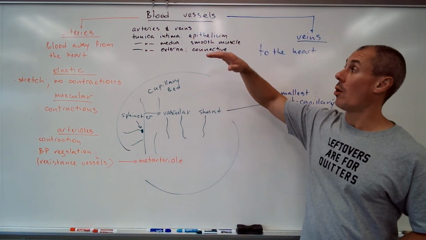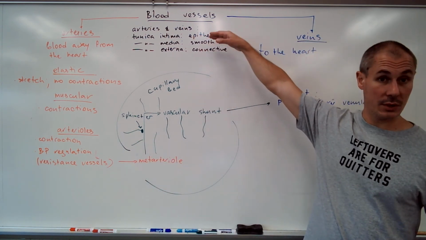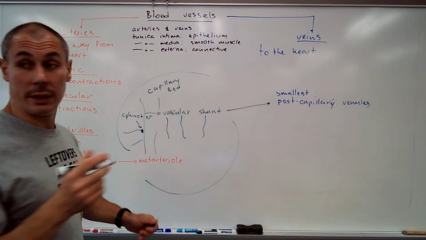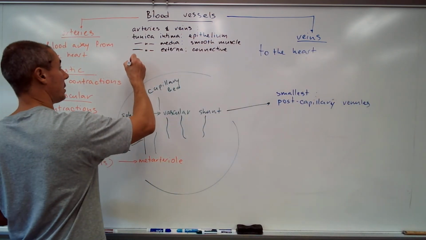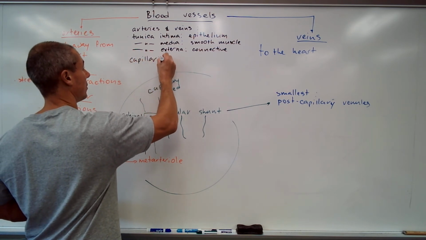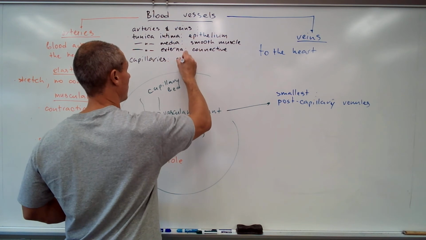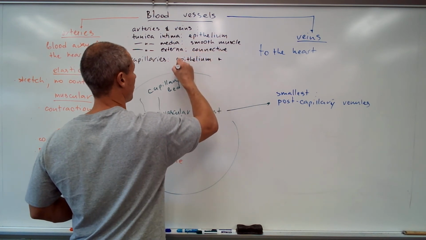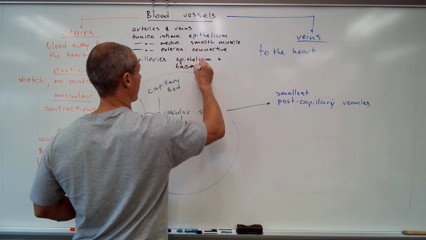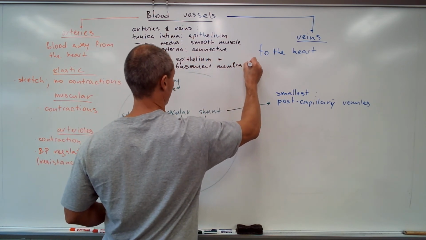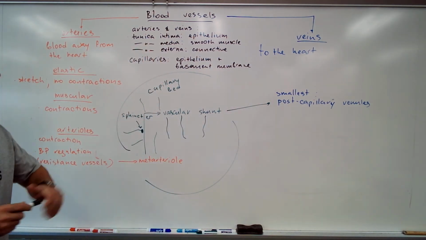Now, if arteries and veins have these layers, what about capillaries? Capillaries only have basically epithelium, so tunica intima, and basement membrane. Why?